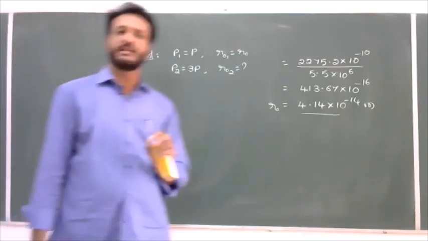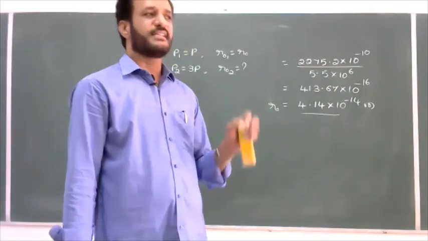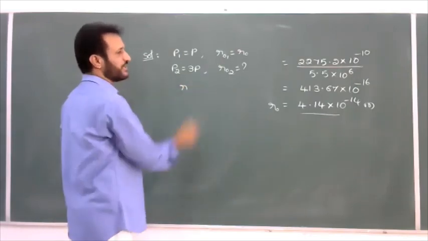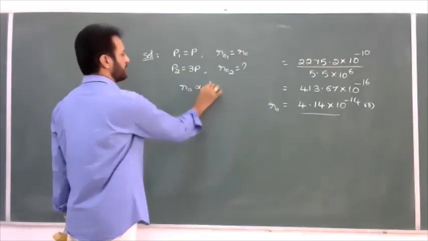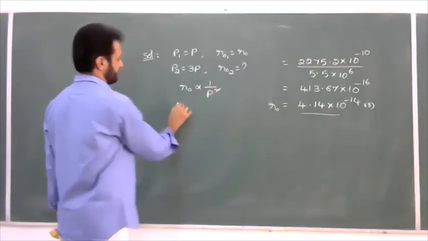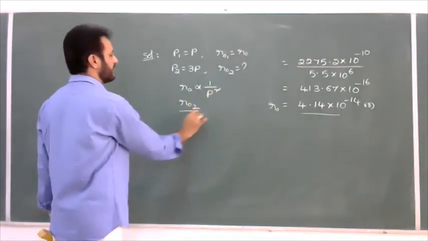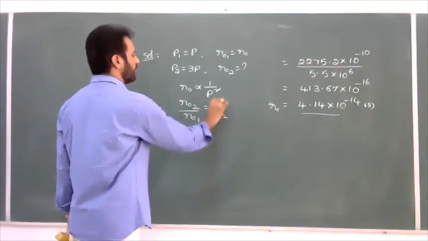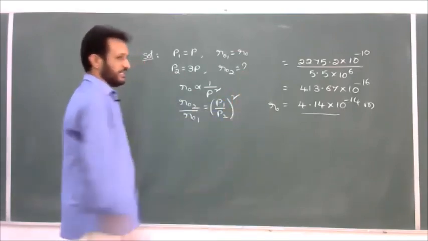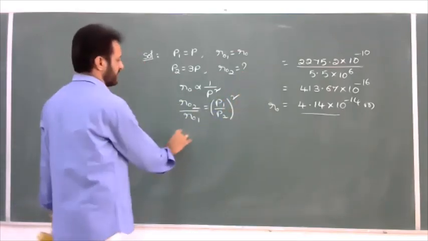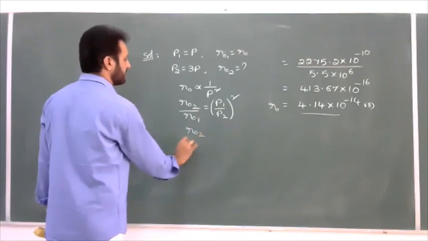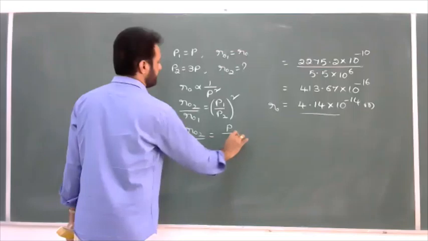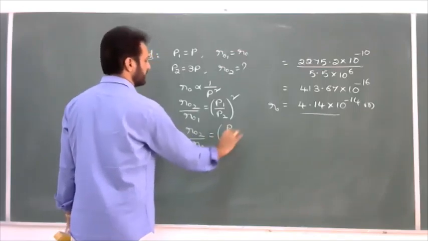So check the related formula. How are R0 and momentum related? Inversely proportional to the square, as given. So R0 is inversely proportional to the square of the momentum. R0 proportional to 1 by P square. Therefore, R02 by R01 is equal to P1 by P2 whole square. So the values are given, you have to substitute here. R02 by R0 initial value is equal to P1 is P and P2 is 3P, whole square.